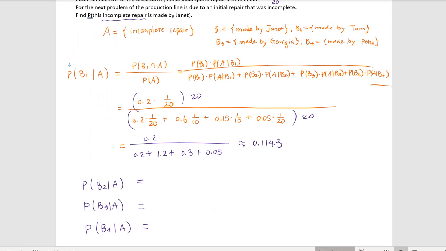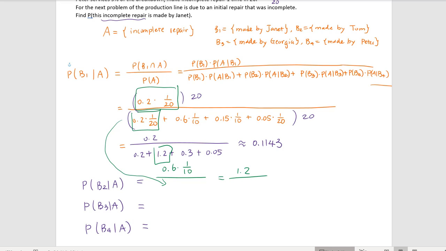So, do you notice that for P of B1 given A, the numerator is actually this guy, and then P of B2 given A is going to have this as the numerator. So that's why we know it's 0.6 times 1 over 10 over the whole denominator. And when you multiply by 20, the numerator will be 1.2.